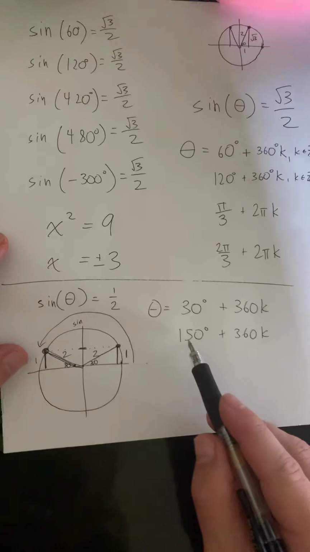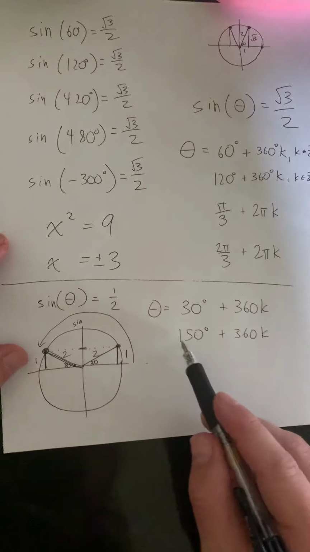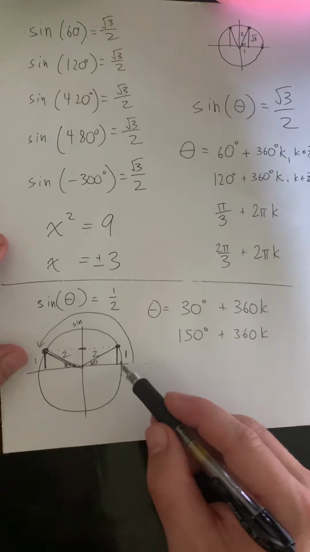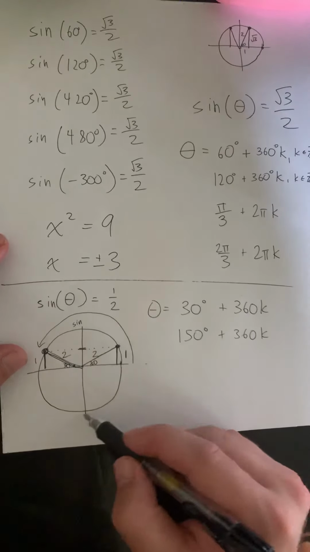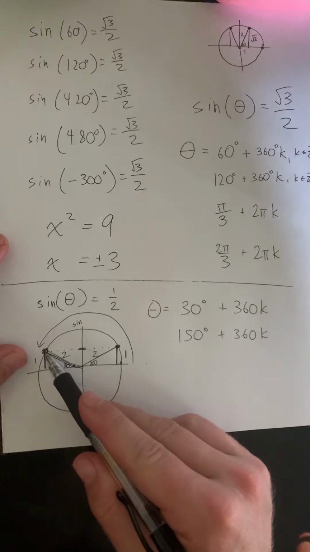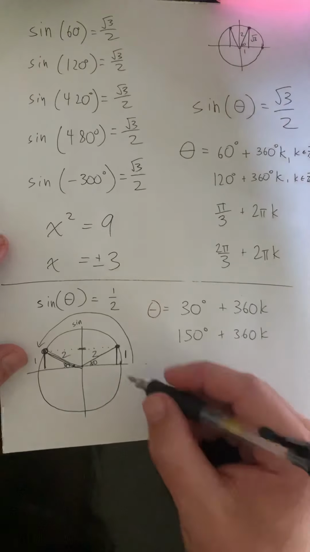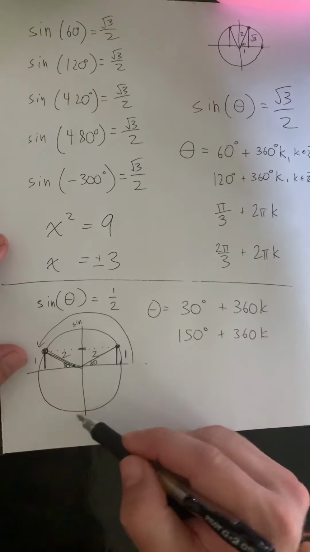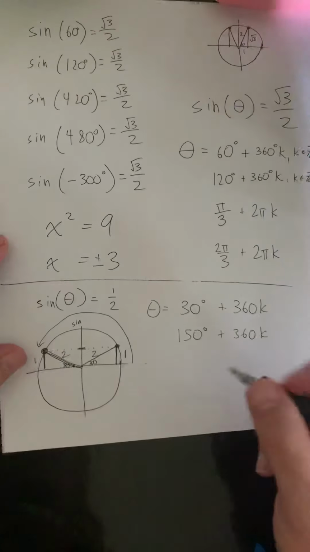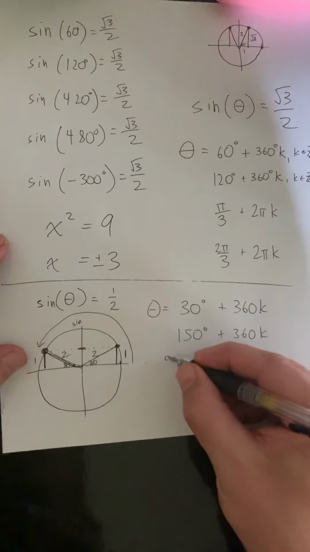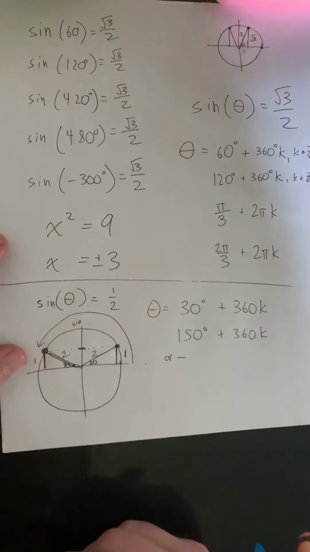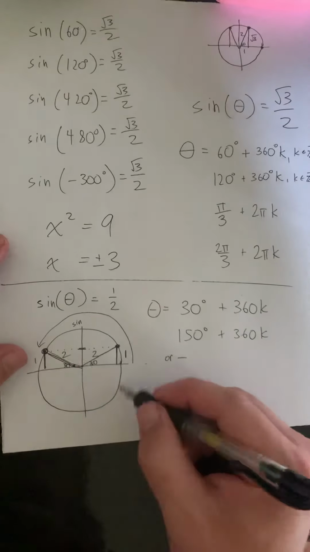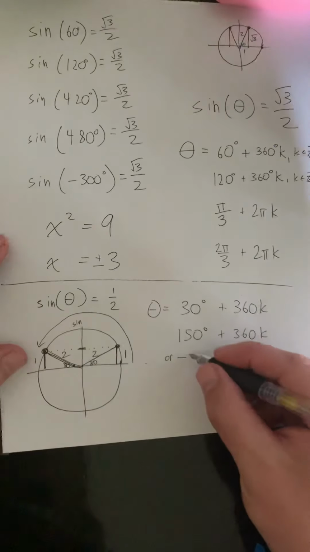Now I want to show you another way you could have written this second answer. What if rather than 150 degrees, a positive angle, you wanted to rotate clockwise to this point? You can do that. What degree would you need to start here and rotate and end here? Well, it would be negative because we're rotating down now, and it would be 180 plus an extra 30.